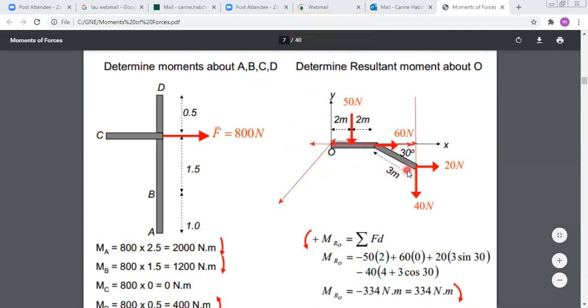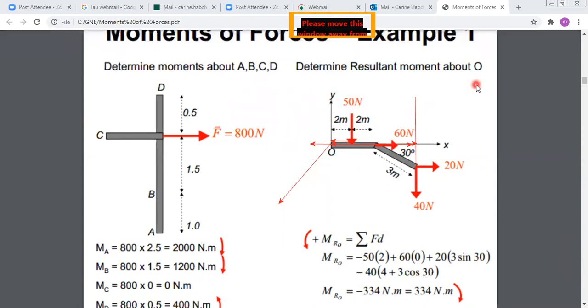Now, the 20 Newton force is trying to pull it to this side, so it is trying to rotate it in the counterclockwise direction, while the 40 Newton force is trying to rotate it in the clockwise direction. So either you use this method or you use the right hand rule. For the right hand rule, I will send you a video for it.